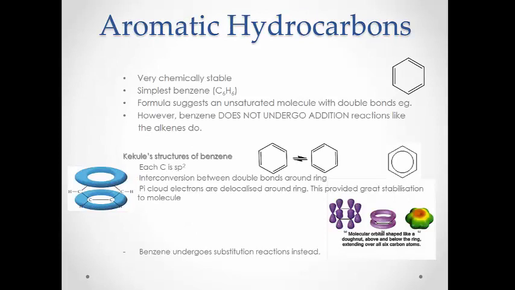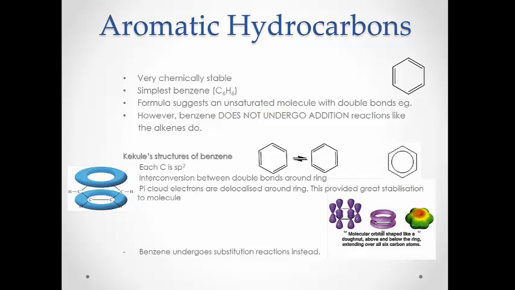Okay, so lastly we want to talk about our aromatic hydrocarbons. Benzene is a really unique and exciting structure, and you'll talk a lot about it when you get into biochemistry, because we've got a lot of benzene rings in our amino acids, and those hydrophobic interactions between the benzene rings overlaying your catalytic domains and so on of your enzymes is something that's quite interesting and highly relevant in the medicinal chemistry field.